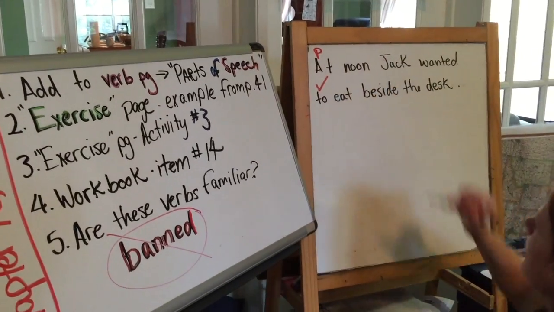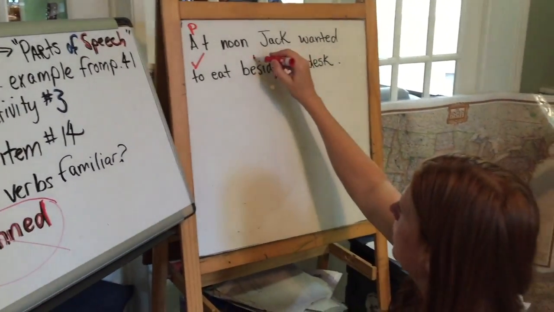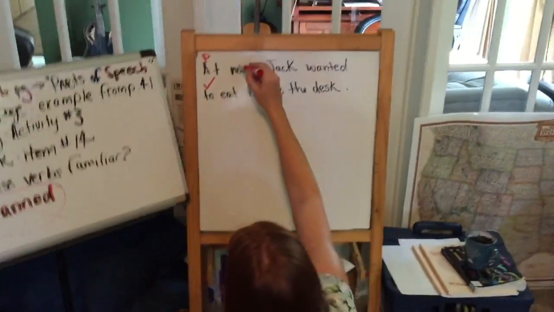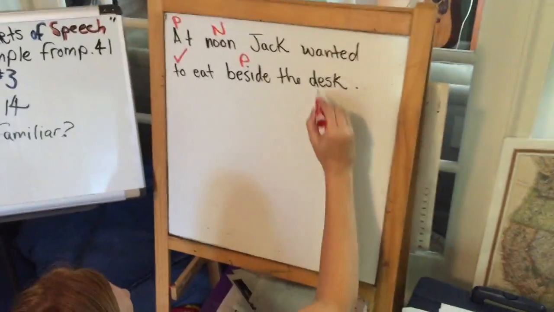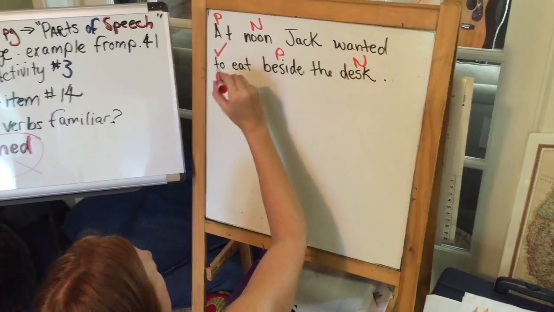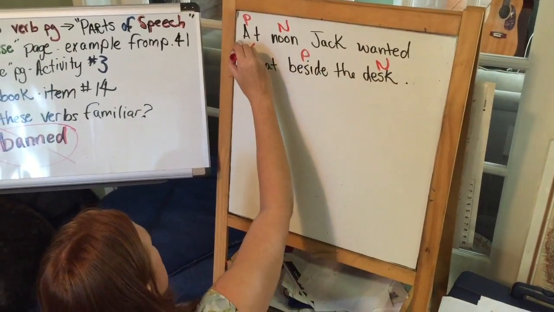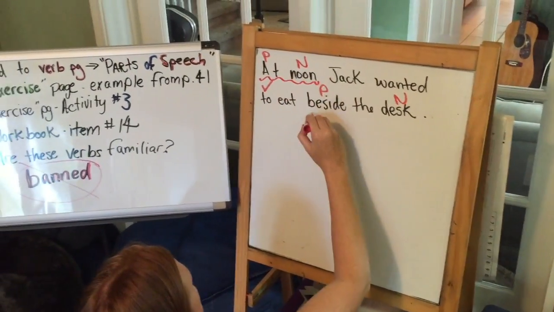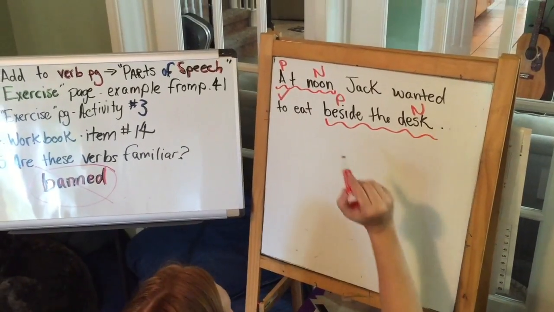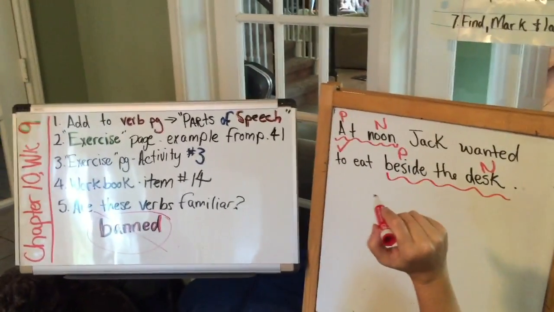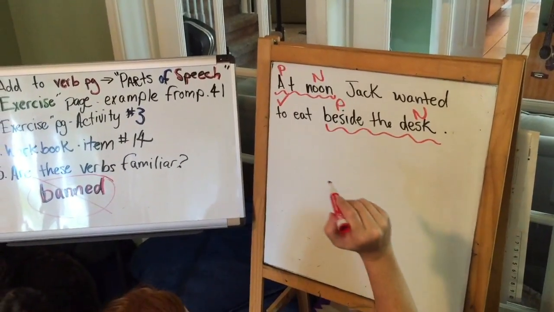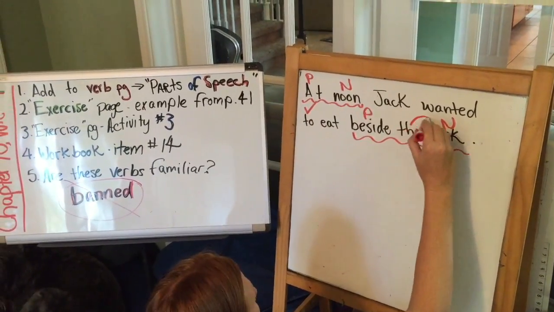At. There's one. Beside. Find and label the nouns. Noon. Desk. And the prepositional phrase starts with a preposition, ends with a noun. Label the adjectives. Here's one.